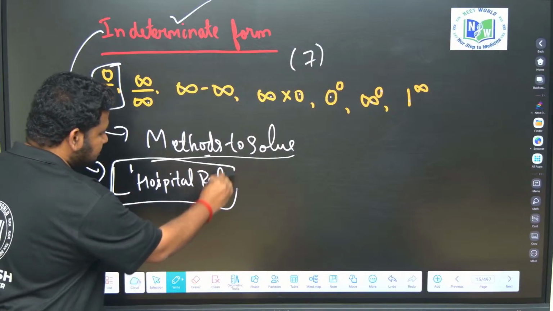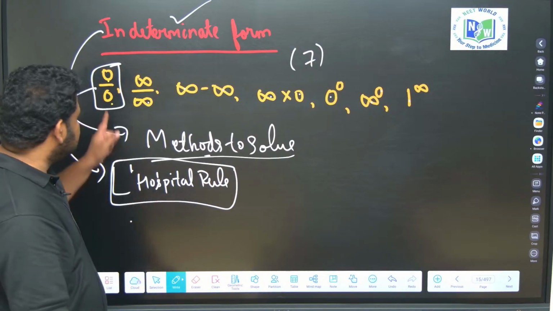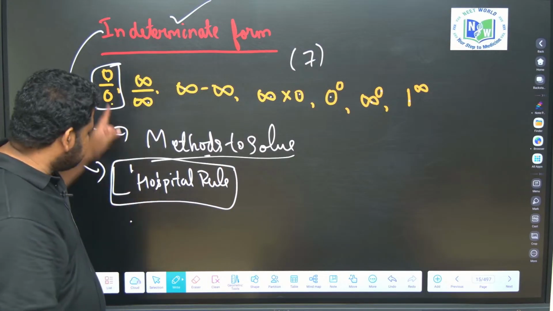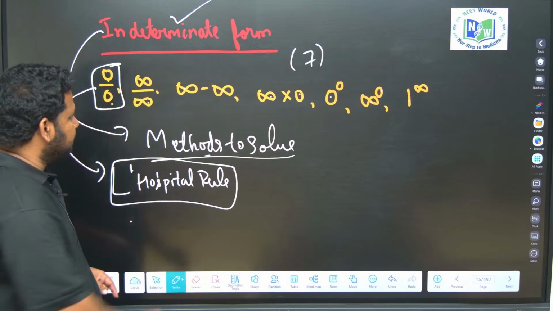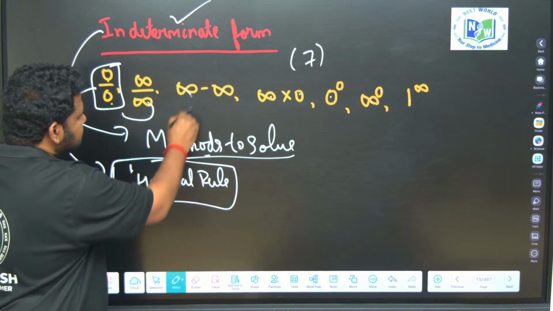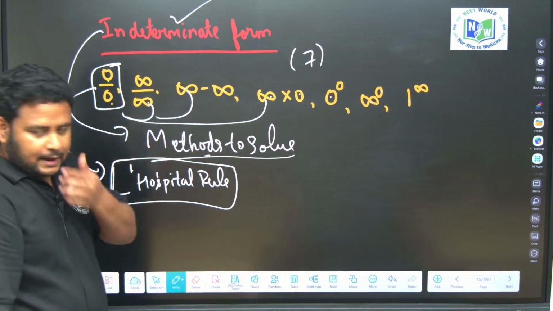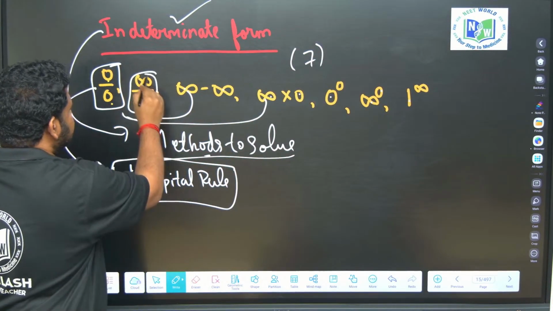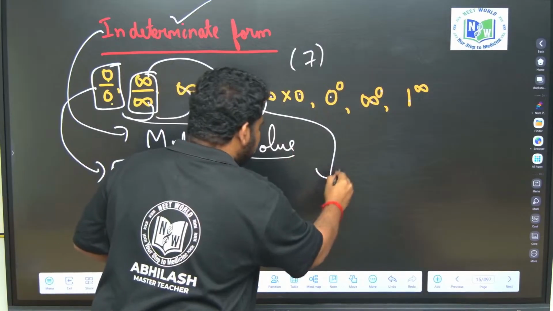This is the rule that we will use for the 0 by 0 form. We will convert these forms using L'Hopital rule. And for the infinity by infinity form, we have a short trick.